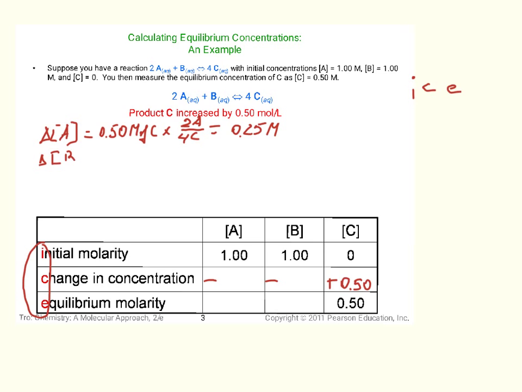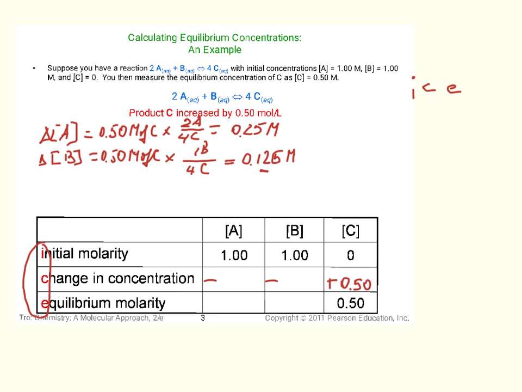What is the change in concentration of B? It's going to be 0.50 molarity of C, times this time B in the numerator and C in the denominator, and it's 0.125 molarity.